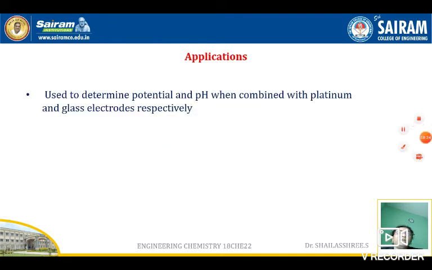Coming to the applications of these electrodes, we are already using them in the lab, I think.